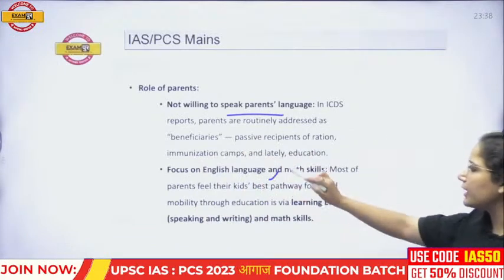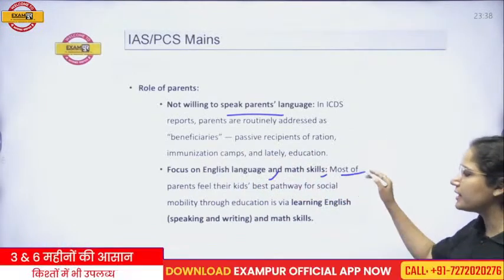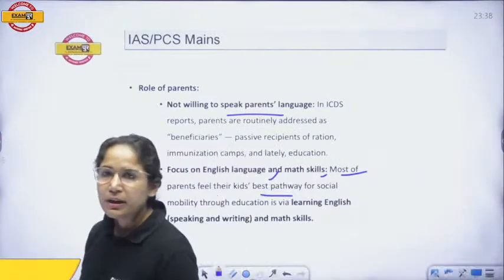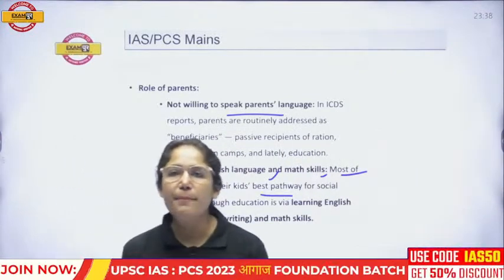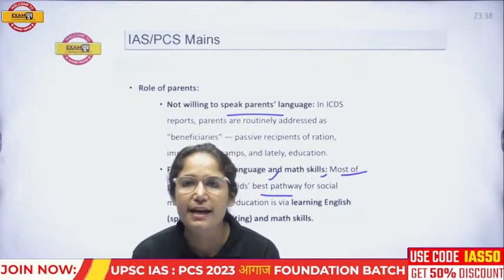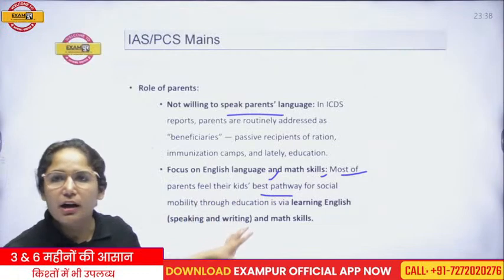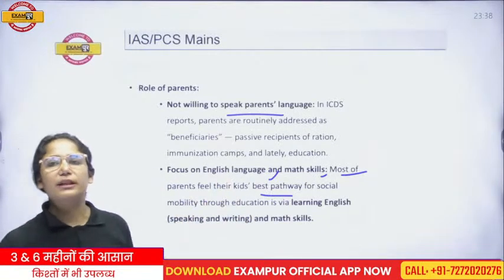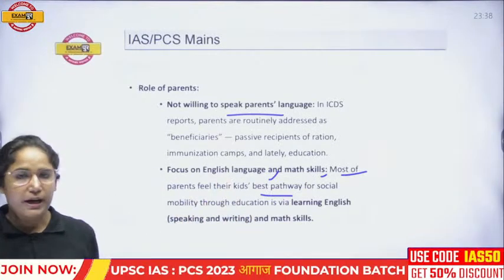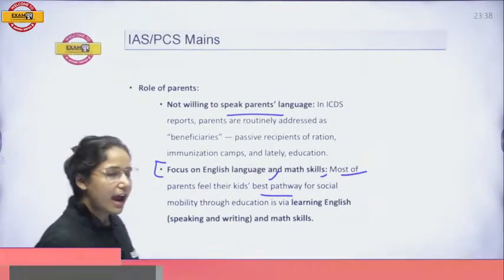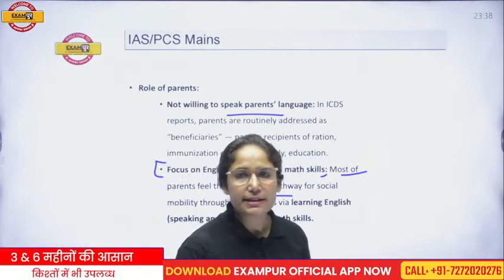And next is all about English language and math skills. Most of the parents feel that this is the best pathway for their children's social mobility. Like if you are upgrading capacity, it is not necessary that you just need to get equipped in English and maths in order to have the capacity, in order to have the scope. It is not that necessary, but they should have access to these languages.